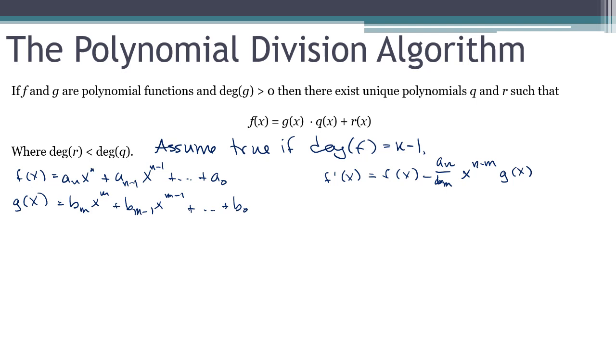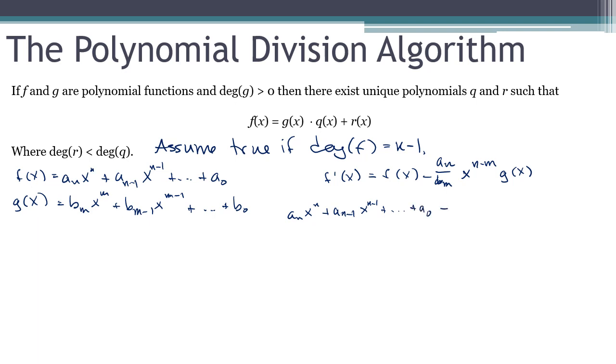Right, and to see this, let's write this out. f of x is a sub n x to the n plus a sub n minus 1 x to the n minus 1 and so on.